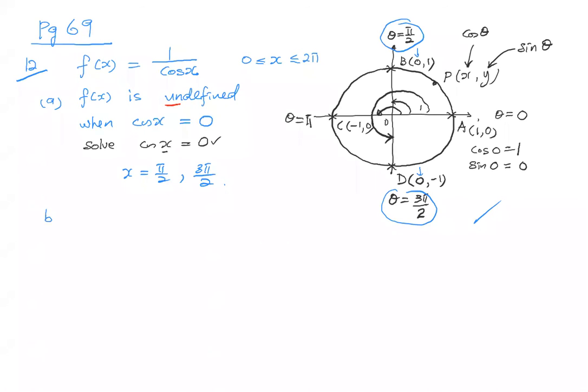Okay, so part B says, find the position and the nature of any stationary point on this interval. When you want to talk about a stationary point, what do you need to do? You have the word stationary, correct?